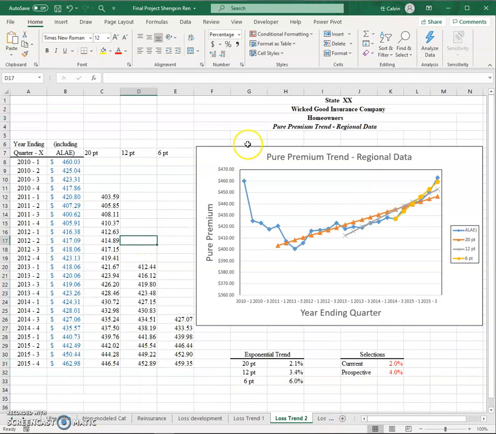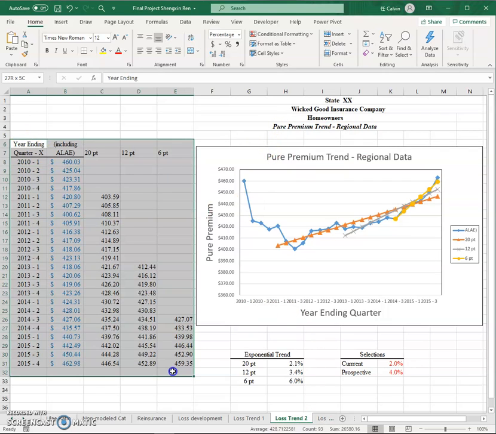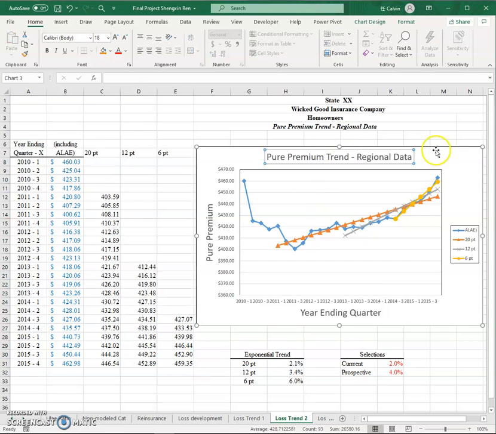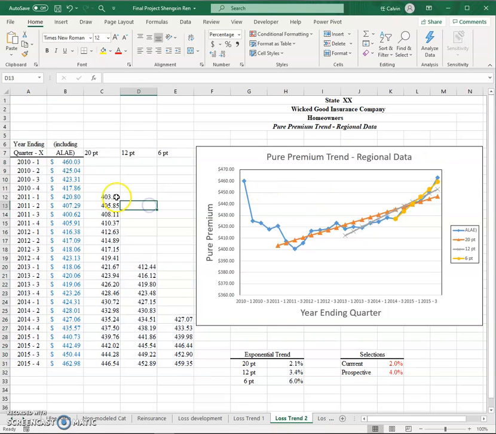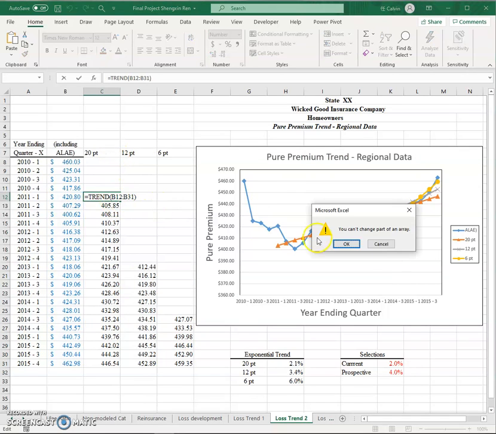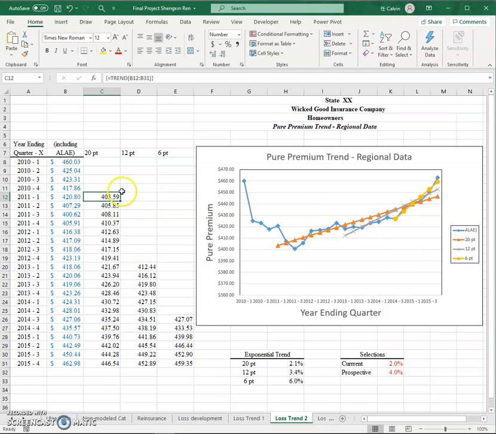And for pure premium trend regional data, also loss trend 2 worksheets. These are my calculation progress, and this is what we want. For the 20 points, I use the TREND formula, and we get the number.